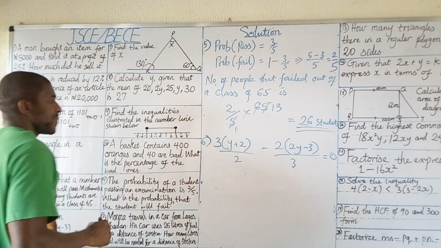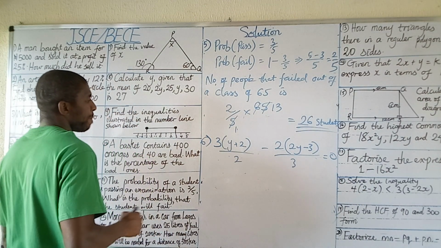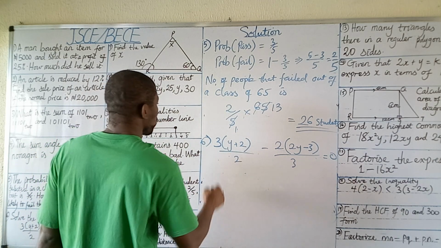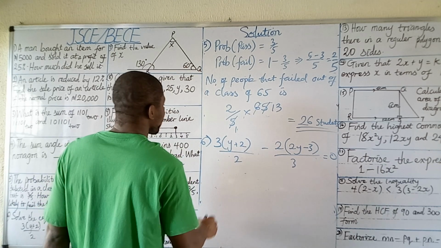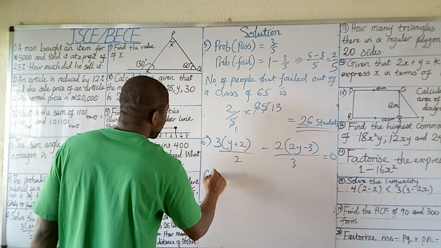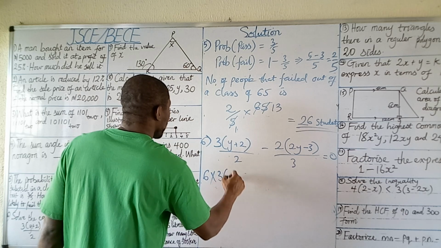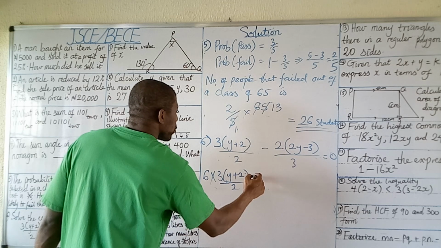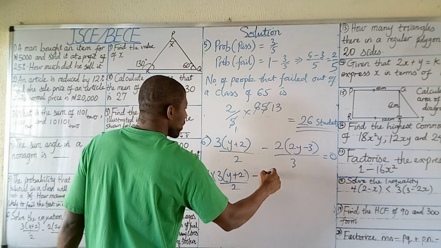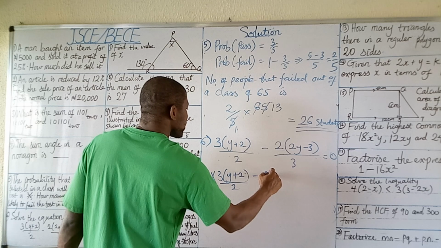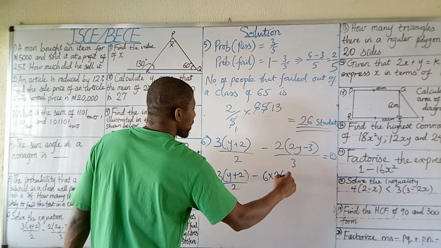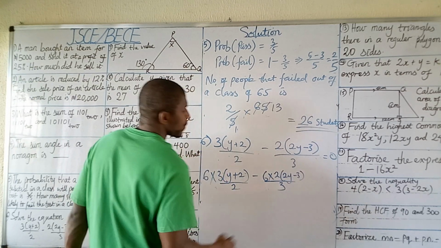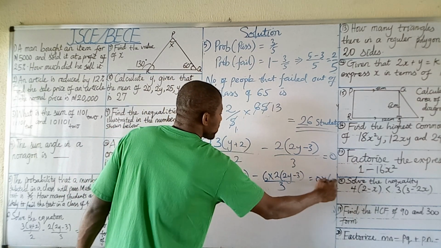For us to solve this, we get the LCM of the denominator, which happens to be 6. So I am going to multiply each of these terms by 6. So I will say 6 times 3 bracket open y plus 2 all over what? 2 minus, okay, this will be 6 times 2 bracket open 2y minus 3 all over 3 equal to 0 times 6.